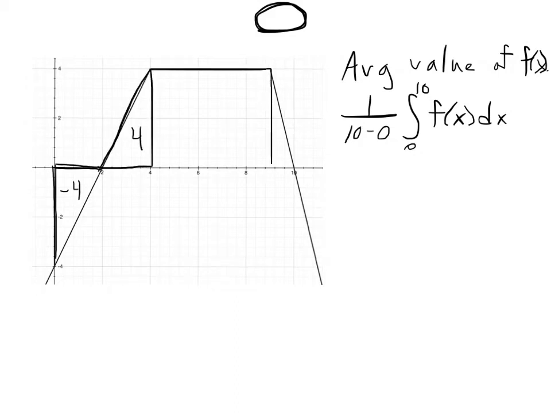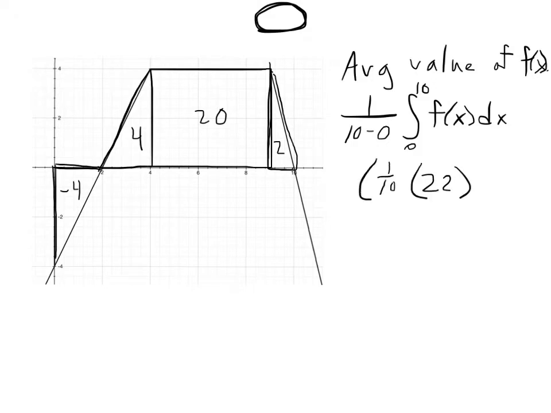Here's a rectangle whose area is 5 by 4, so this is 20, and you've got a little leftover rectangle here that's 4 units by 1 unit, so this has an area of 2. That means this overall integral is 22. I've got 22 times 1/10, which leaves me with 2.2. So the average value of this function is 2.2.